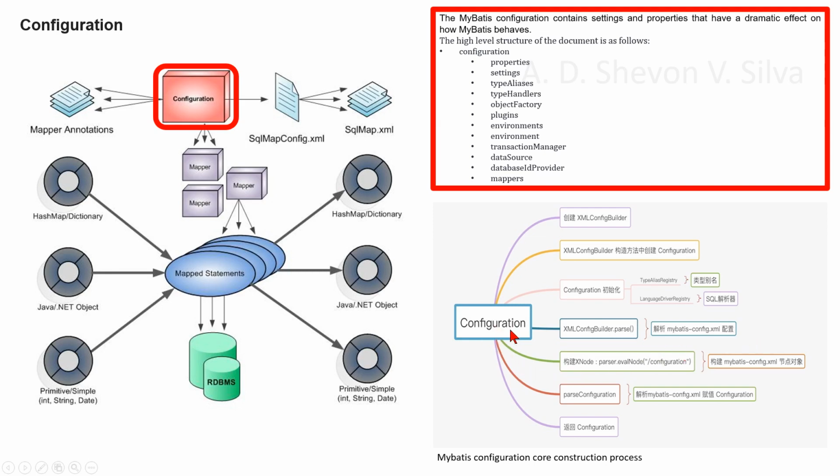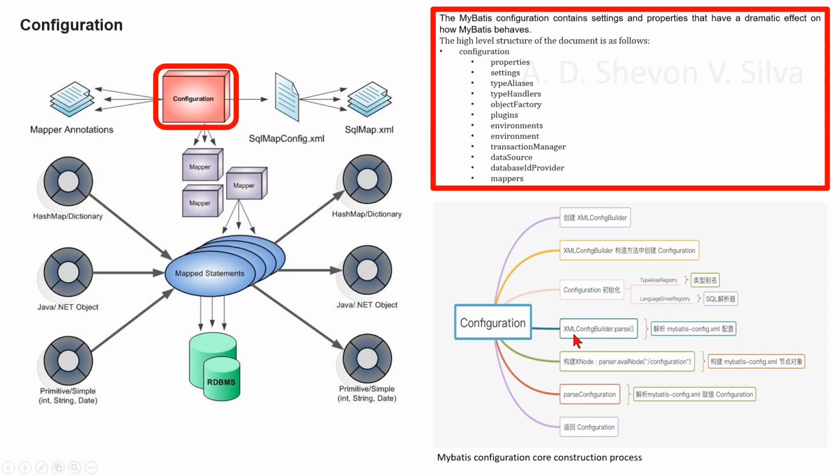Here configuration is connected to XMLConfigBuilder, XMLConfigBuilder.parse, XNode.evalNode method, parseConfiguration and configuration. Here configuration is connected via type alias registry, and here the configuration is connected to SQL via language driver registry.